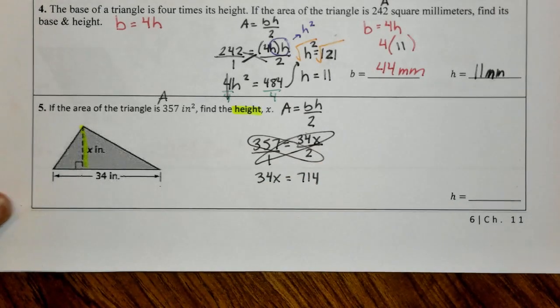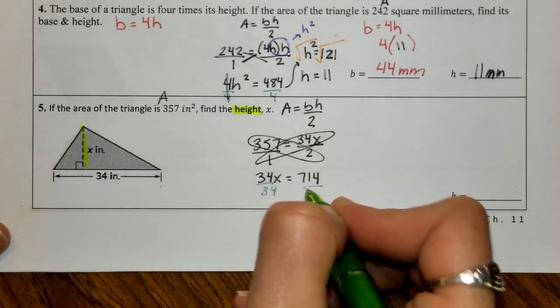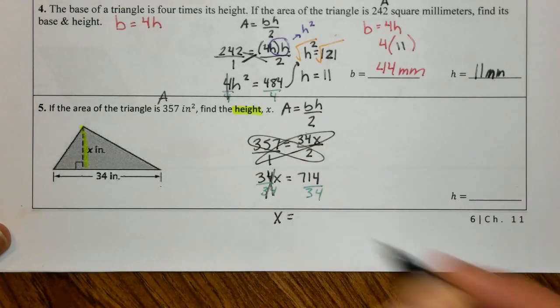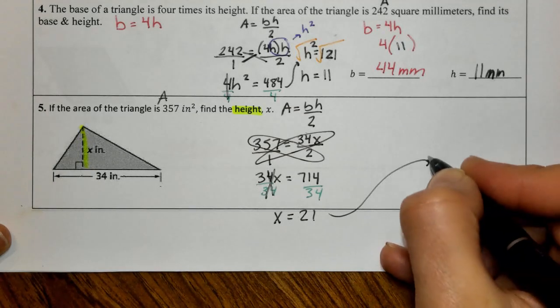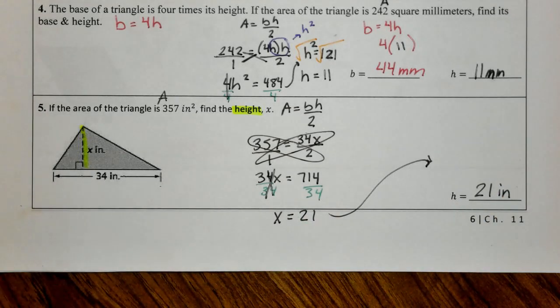Now all we have to do is get rid of the 34 in front of the x. Divide both sides by 34. X is going to wind up being 21. And we do have units of inches. Please go back and look at anything that you need to on this, especially number 4. And that concludes the area of triangles.